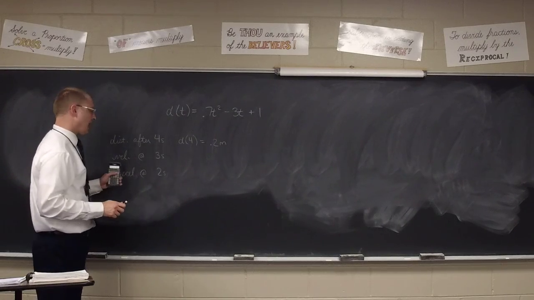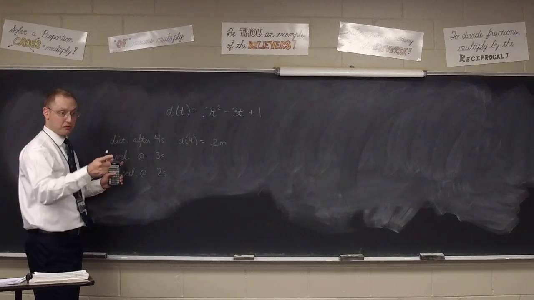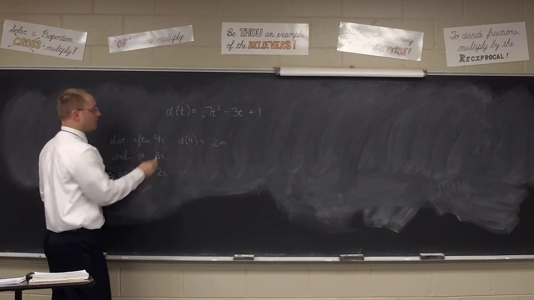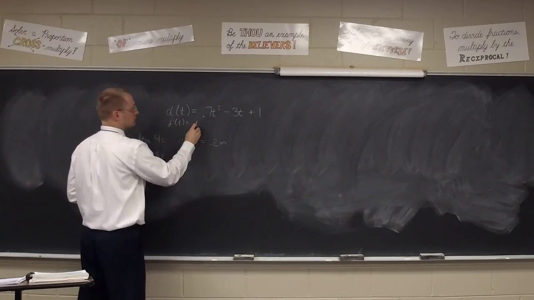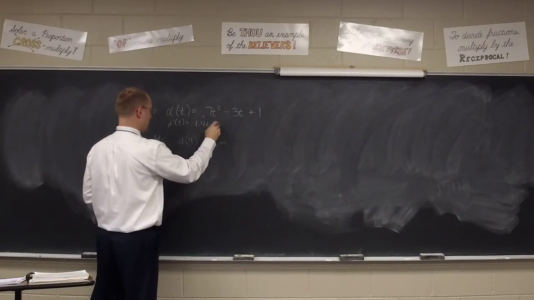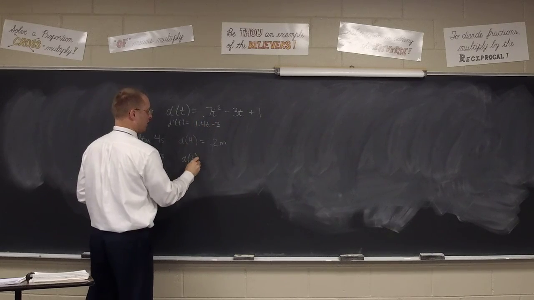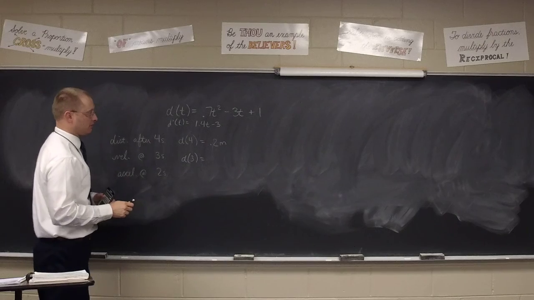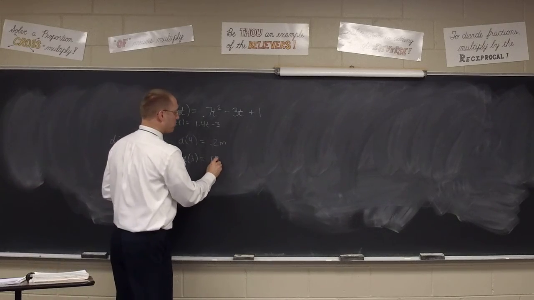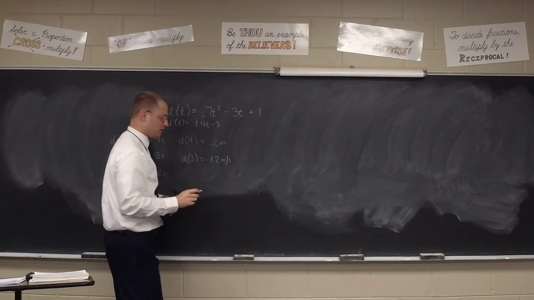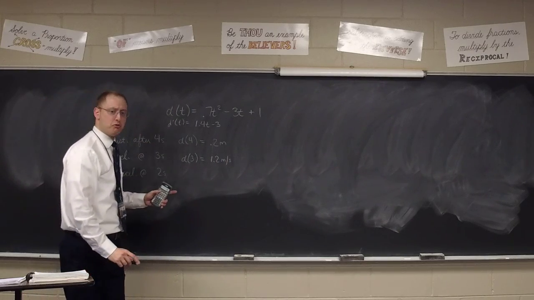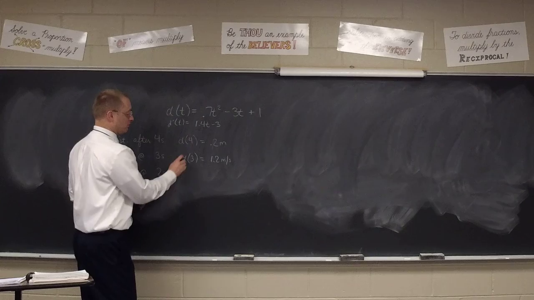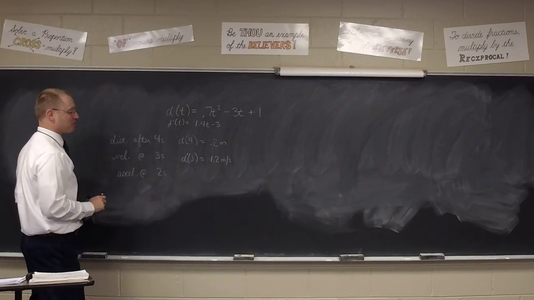Then I want the velocity at 3 seconds, which means I need to first find d prime of t, the first derivative, right? And the first derivative is 1.4t minus 3. So at the 3 second mark, how fast is it going? 1.2 meters per second. So after 4 seconds, it's only gone 0.2 meters. This is very strange movement. And then d prime of 3 is 1.2 meters per second.